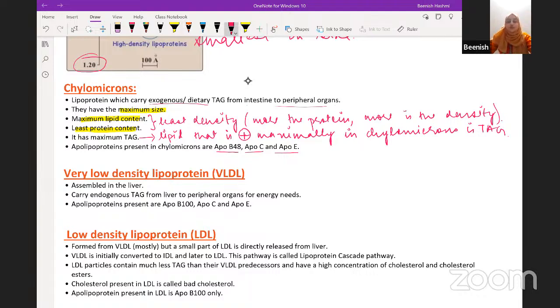They are involved in the transport of exogenous or dietary TAG from the intestine to the peripheral organs, and they have the maximum size and the least density, and your density depends upon the protein content. So they have the least protein content, therefore they have the least density. And the apolipoproteins present in chylomicron are ApoB48, ApoC, and ApoE.